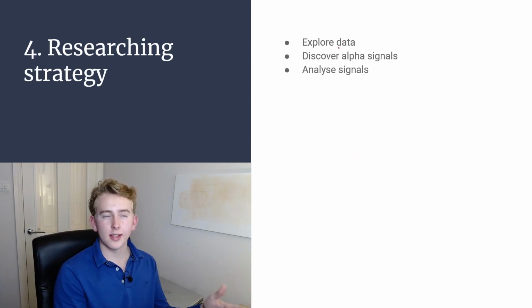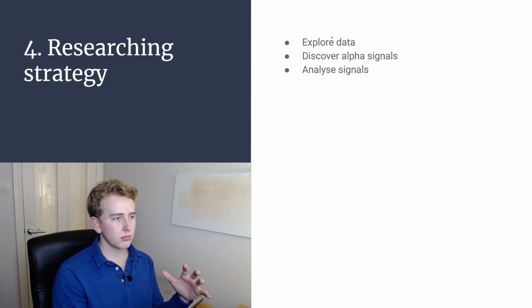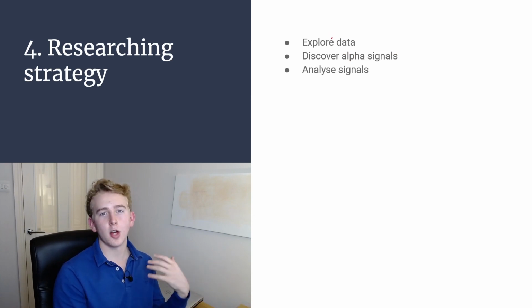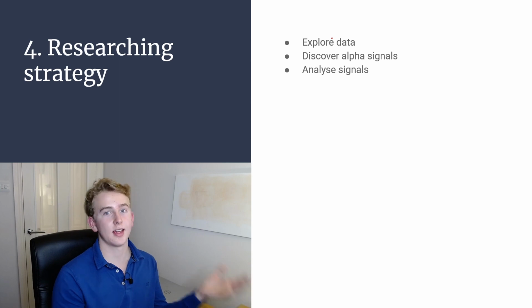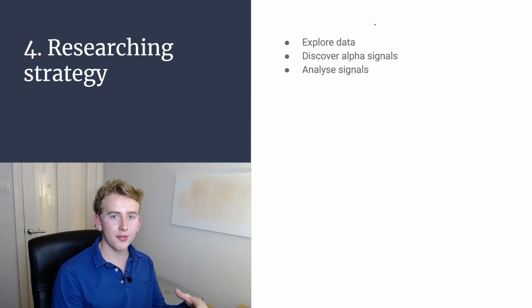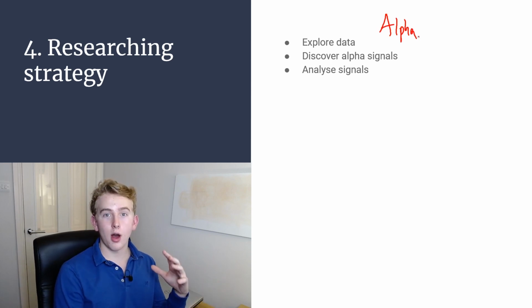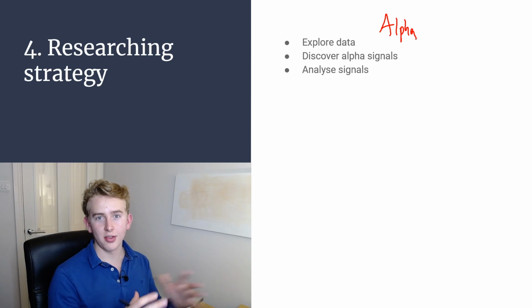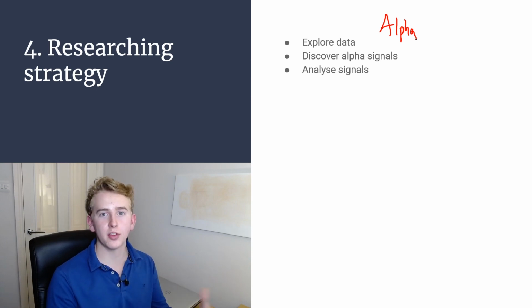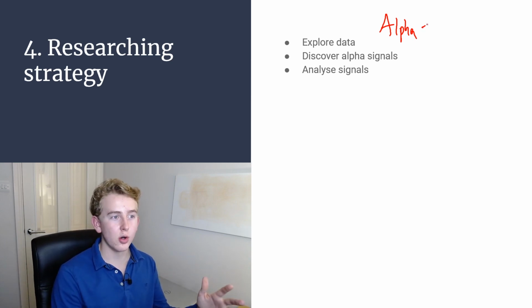So exploring the data, what does this mean? This is where we really delve deep to find out what the data is actually telling us. The whole point of this is that we're trying to discover something called alpha. I'm going to be talking about this a lot in the series. To give a brief description, it's your advantage over everyone else.